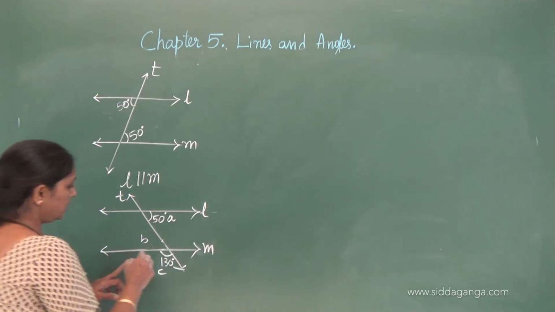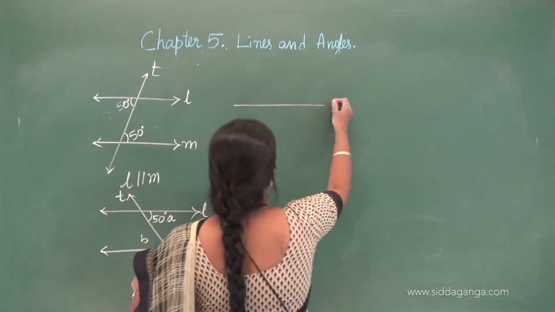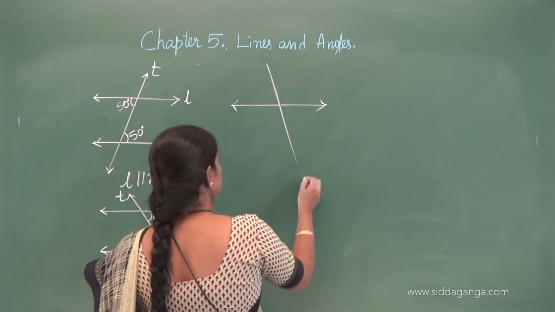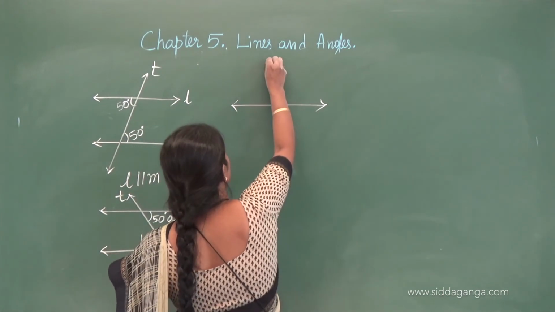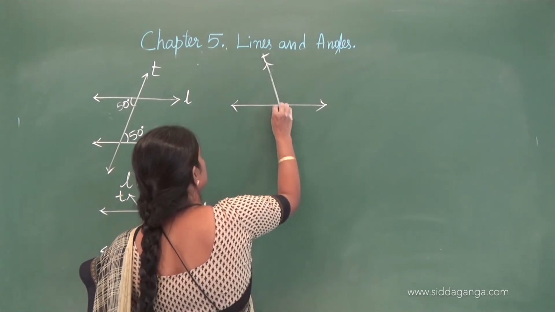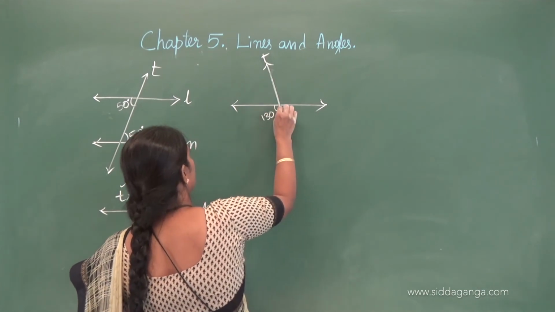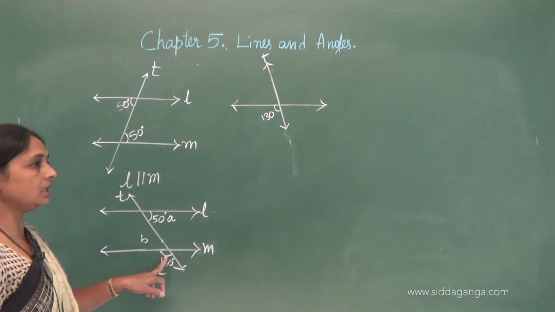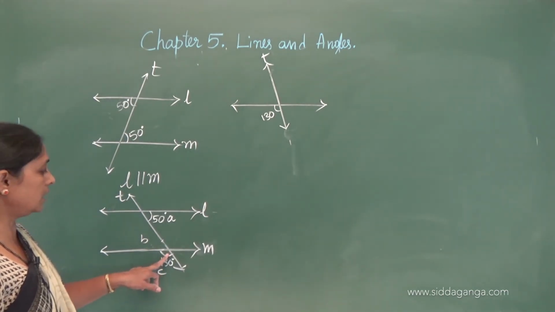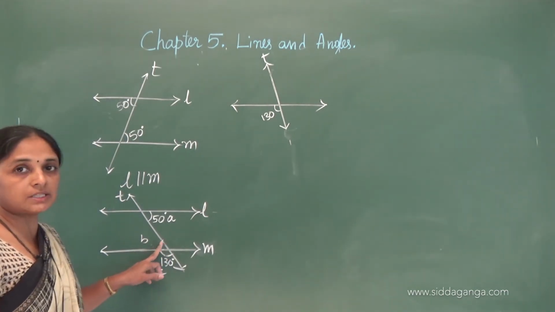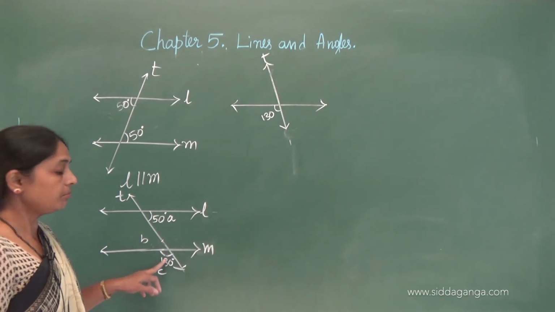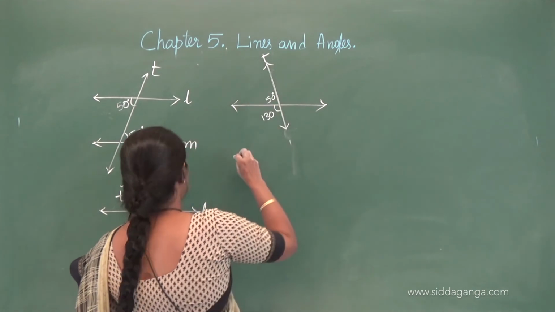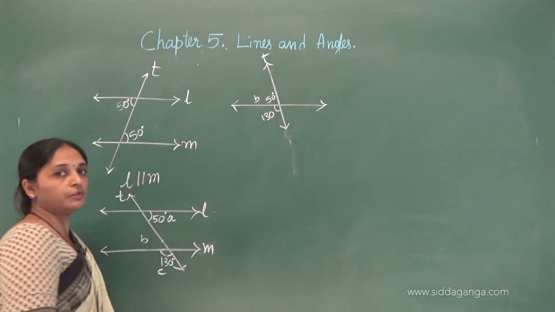If M is like this and the transversal T is like this, this is 130 degree. Since these two make a linear pair, what about this angle? It's B. It's 50 degree.